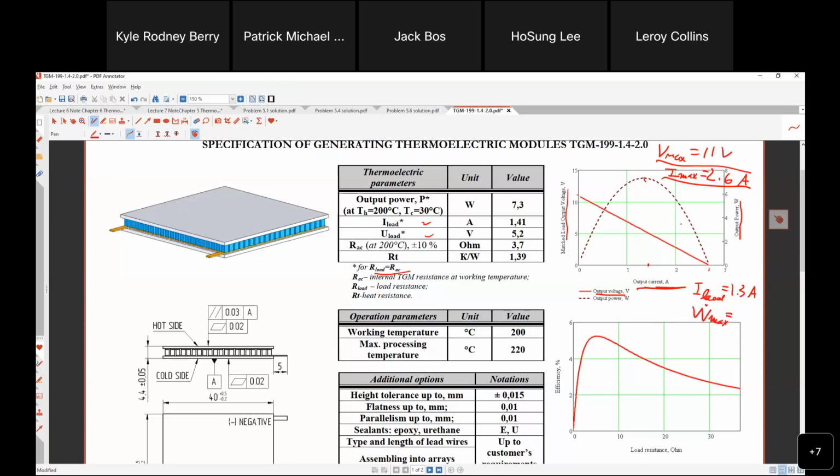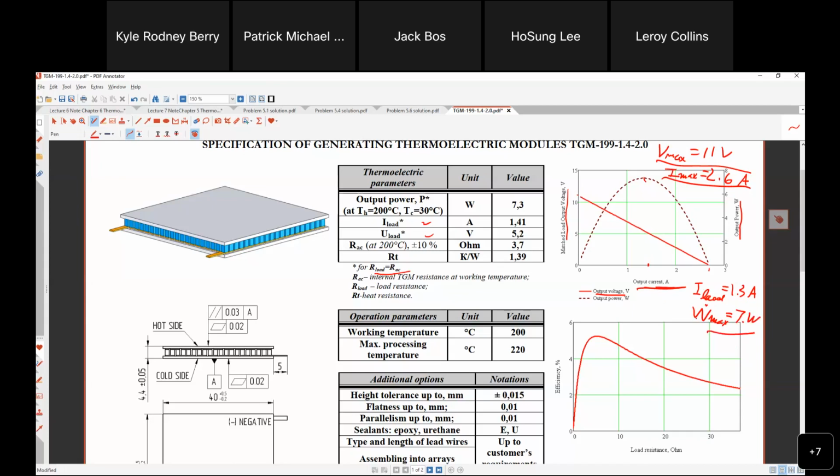Anyone? Watts. No. 7.8? No, watts, that's the wrong side. I'm sorry, that's 7 watts. Yeah, about 7 watt.